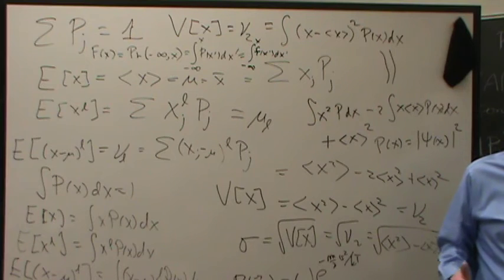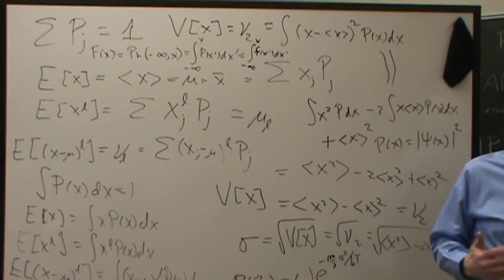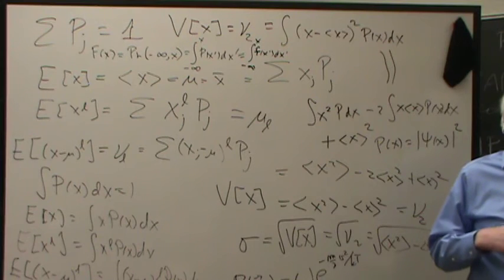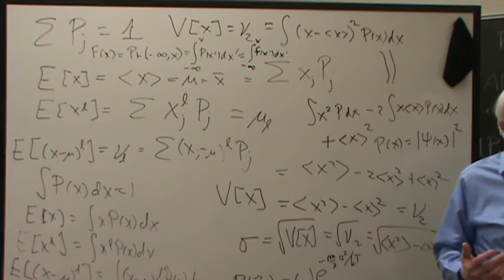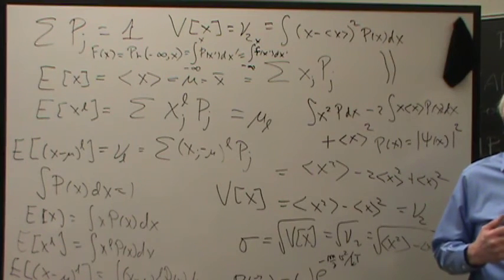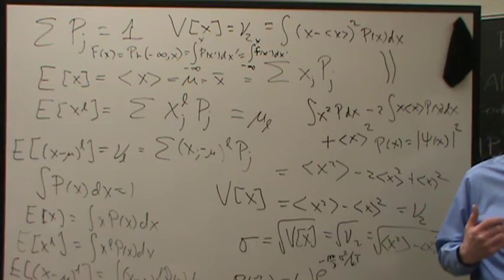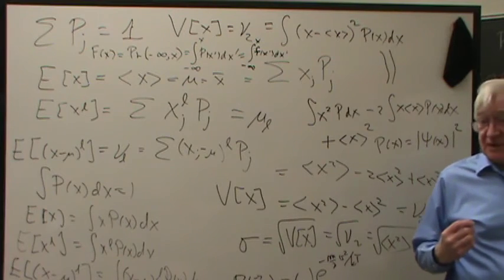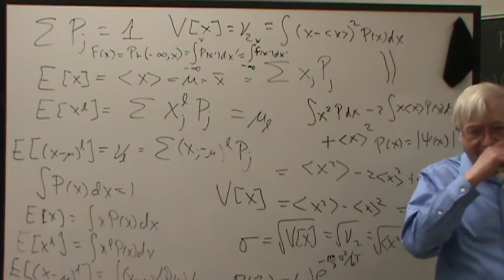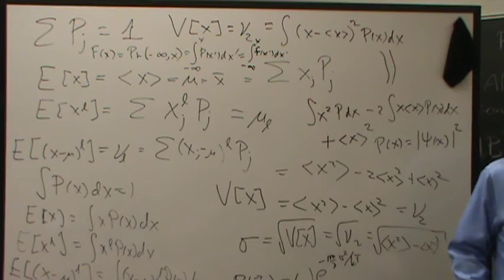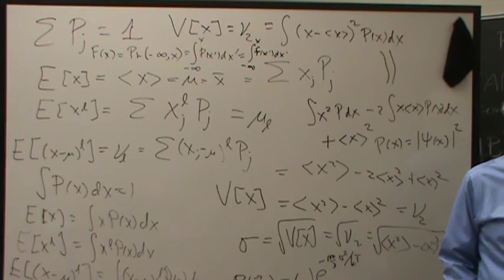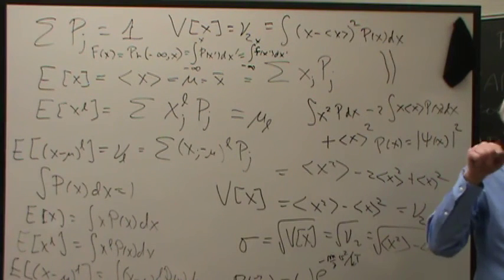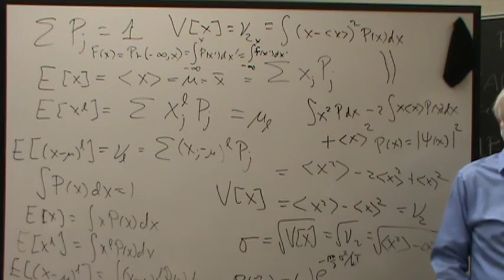When we're dealing with real situations, n might be 20, it might be 100, and in statistical mechanics it could be Avogadro's number. Then you have something like capital N being 6 times 10 to the 23rd, and then the factorial of 6 times 10 to the 23rd, which is even worse. If you try to do these things on a computer, you very quickly get things like NaN as your output, not a number.